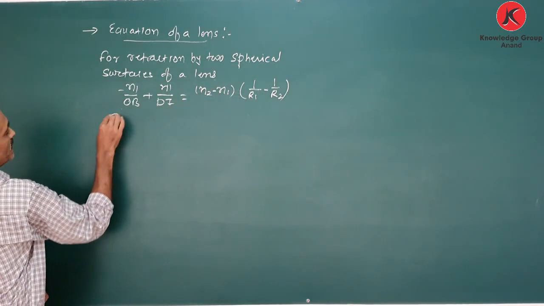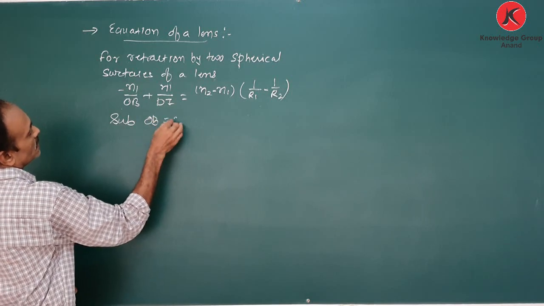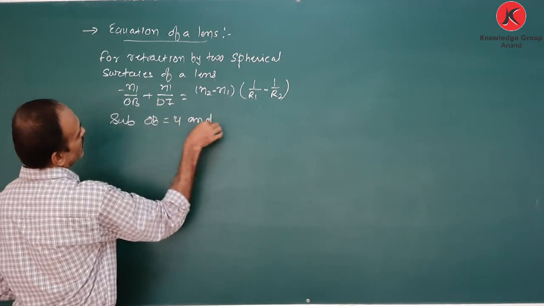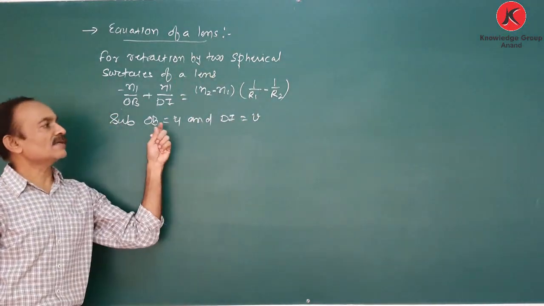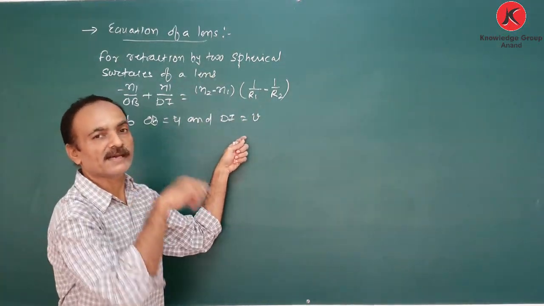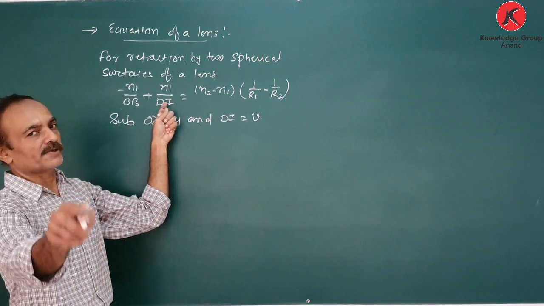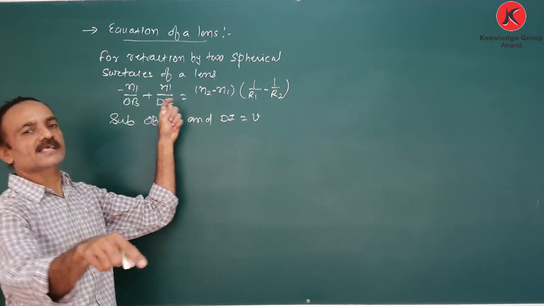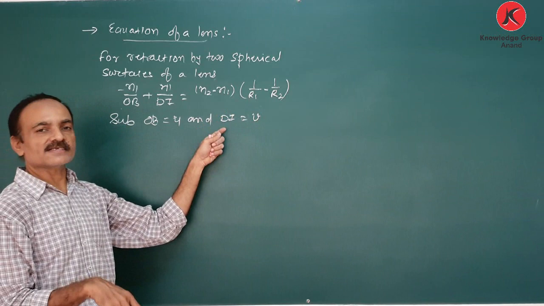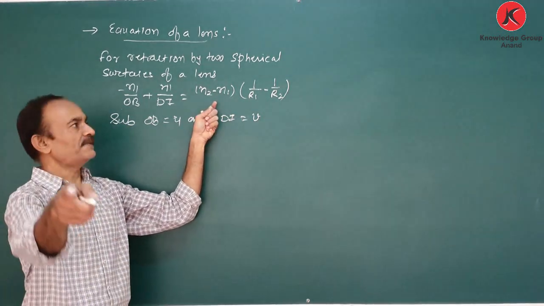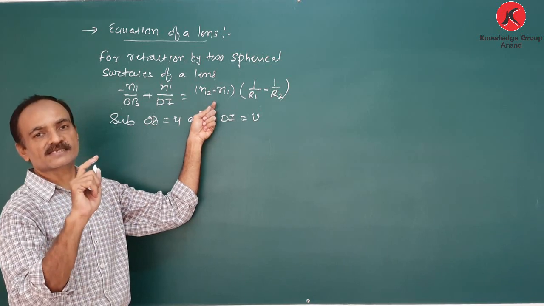Therefore, substitute OB equal to U and DI equal to V. Here we are not considering the sign convention, keep in mind that, because when we derived the equation minus n1 upon U plus n2 upon V is equal to n2 minus n1 upon R, that is the equation of refraction by a spherical surface, at that time we used the sign convention.